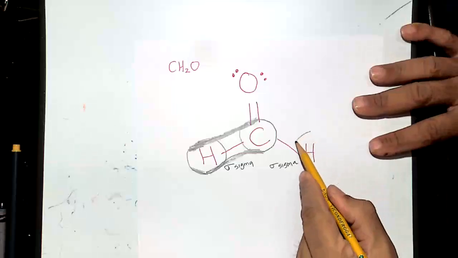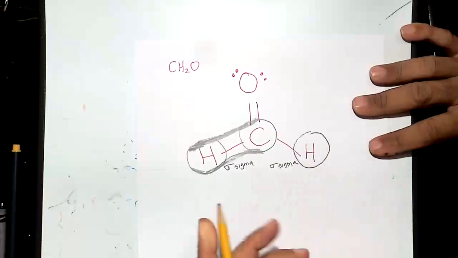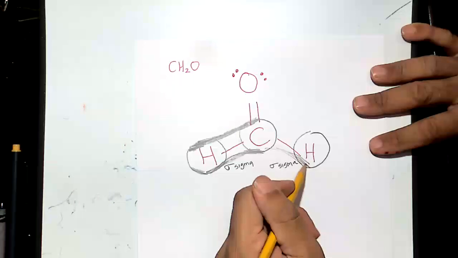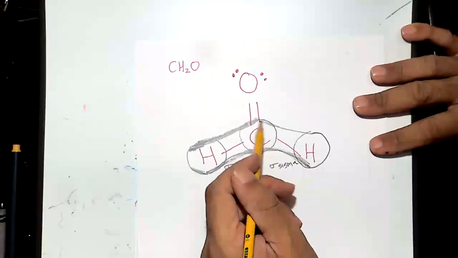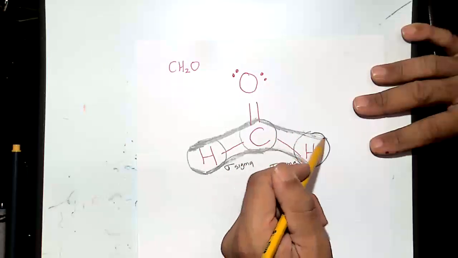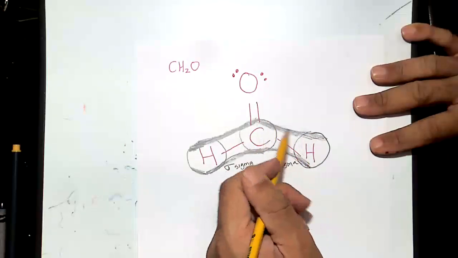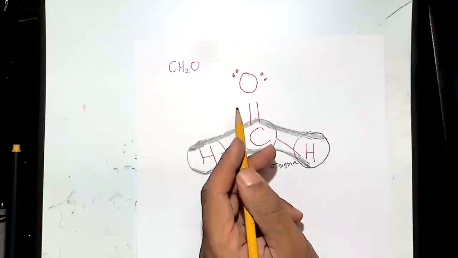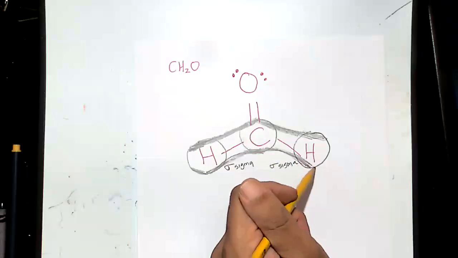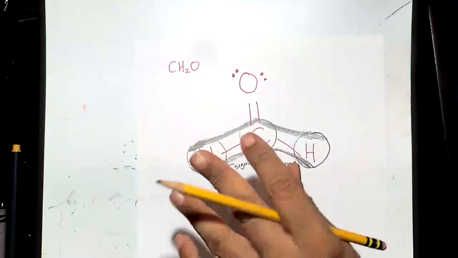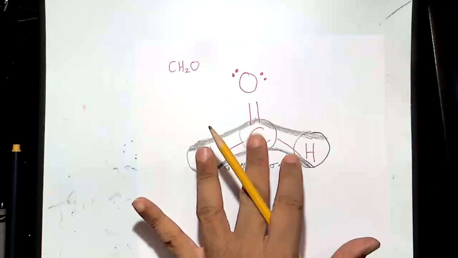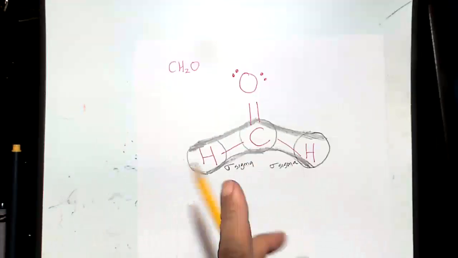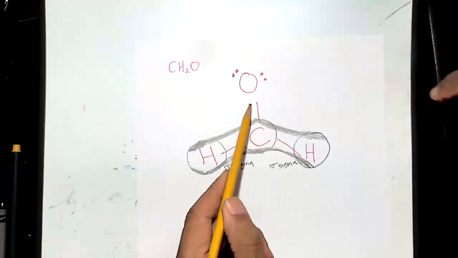This is another single bond, so we'll have the overlap there. Okay, so this is a nice positive constructive overlap of two s orbitals. Okay, an s orbital here, sigma, and an s orbital here, sigma. S orbital from carbon, s orbital from hydrogen.